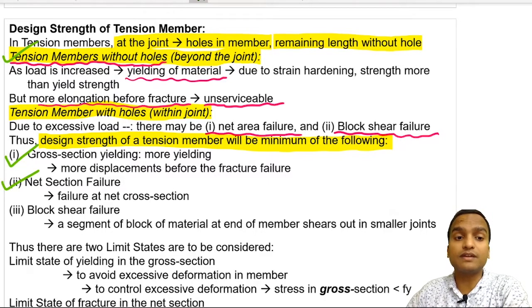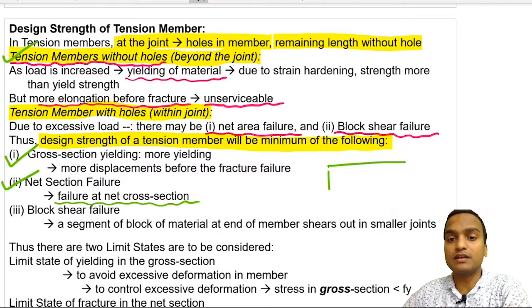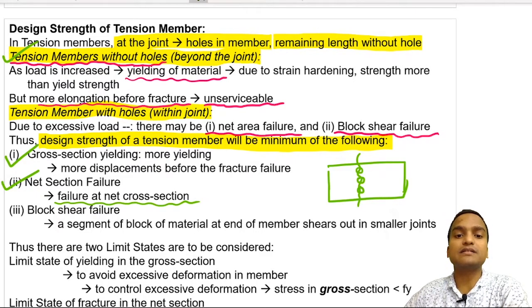In net section failure, there is failure at the net cross section. We have discussed how the failure occurs at the net section area, and if there are holes like this, this kind of failure is called net section failure.